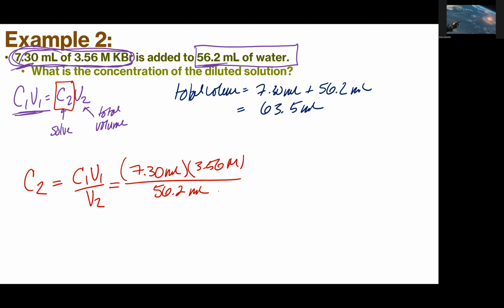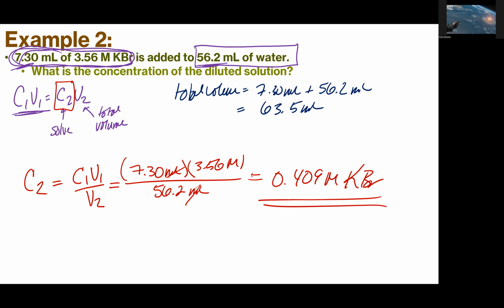Notice I didn't convert anything to liters because the milliliters are still going to cancel out, and so that's fine. You can do the whole thing in milliliters. When we multiply the top and divide by the bottom, we're going to get 0.409 molar KBr.